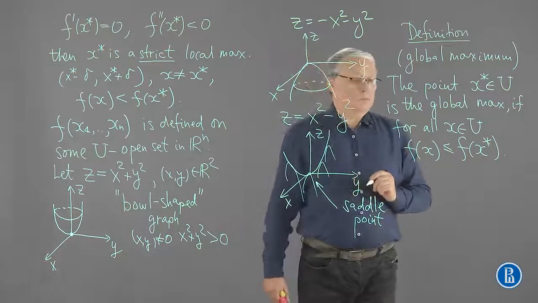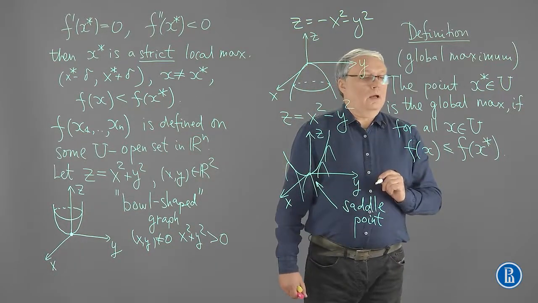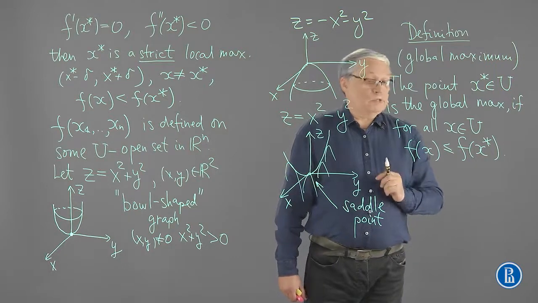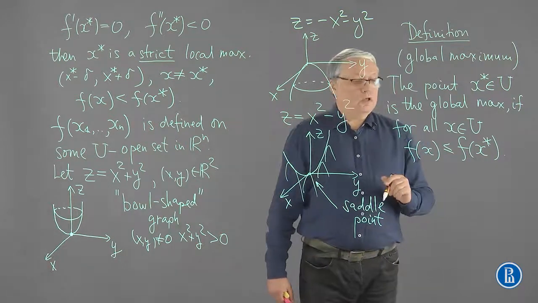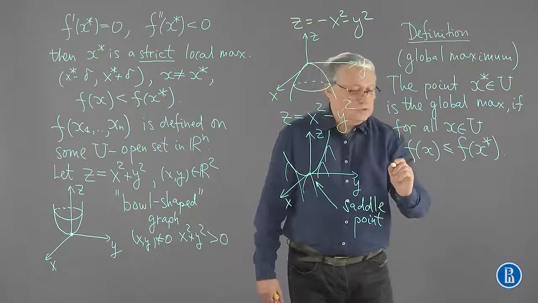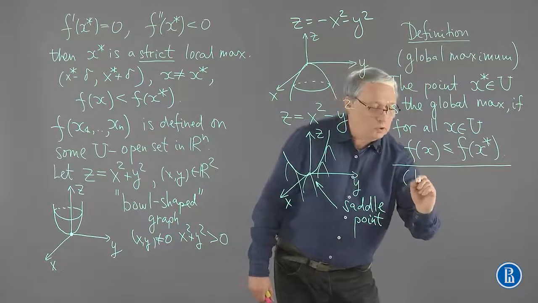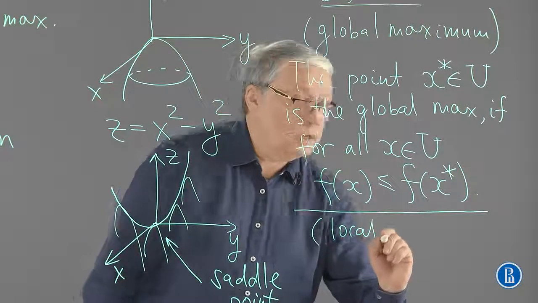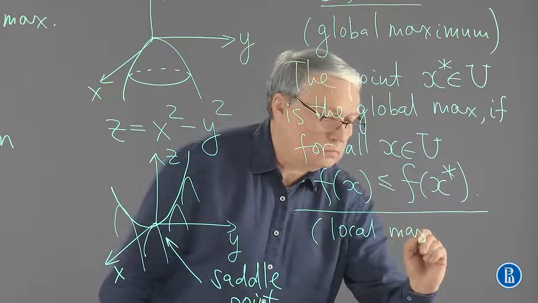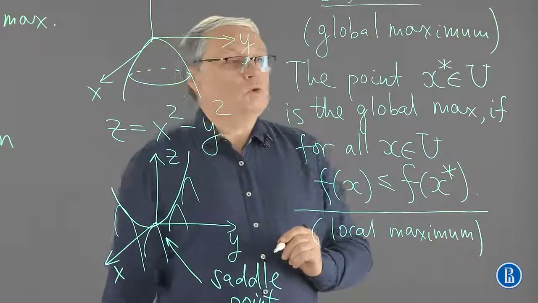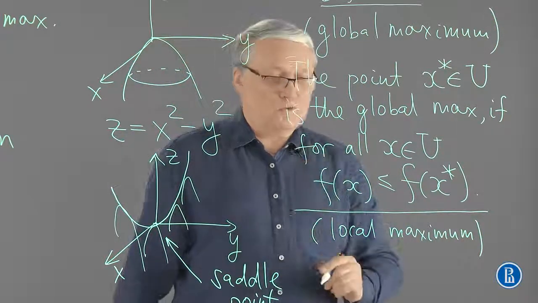What about the local maximum? A point can be considered as a local maximum of such a function if there exists, so we have finished with that, and now we proceed with the local maximum. So what we need to add to the previous definition?